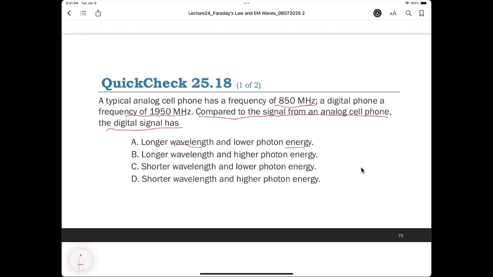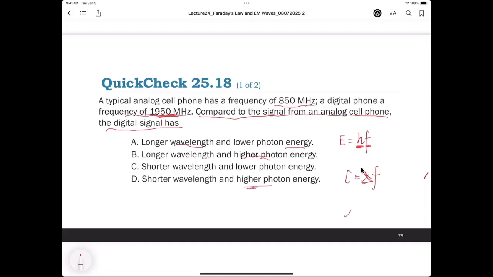We know the energy E equals hf. h is a constant, so which one has a higher frequency and which one has a higher energy? You can see the digital cell phone has a higher frequency, which means it has a higher photon energy. So we choose from those two, and then we know c equals lambda f. It lets us compare the wavelengths.